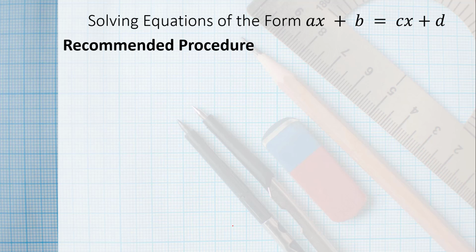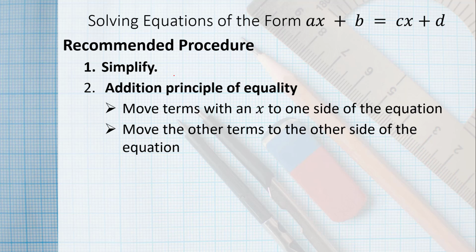Just as before, we have a procedure. What is the first step? Well, first we want to simplify, and that will involve combining like terms and sometimes even using the distributive property. Once you've done that, we are going to use the addition principle of equality to move all the terms with an x to one side of the equation and all the other terms to the other side. So by the time we're done, we might have something that looks like beta is equal to alpha times x, where beta and alpha are just numbers.